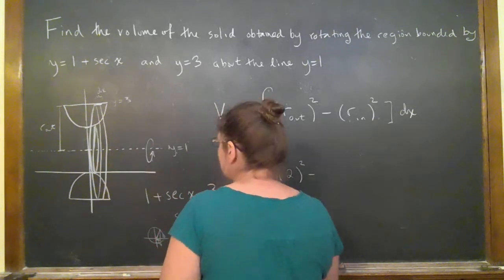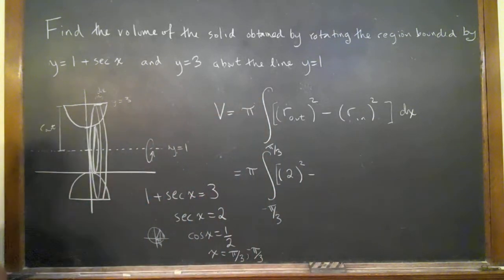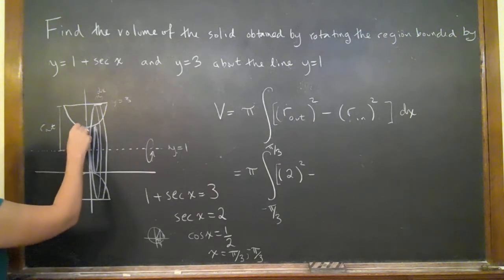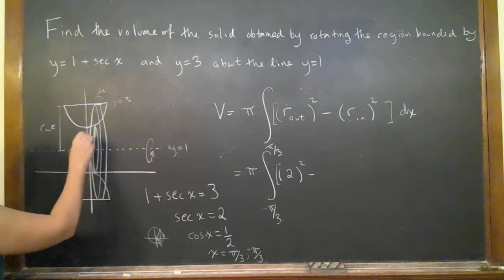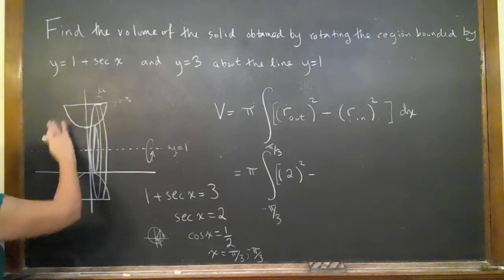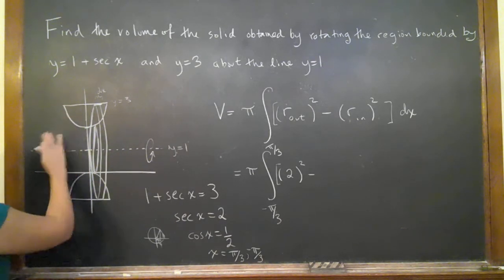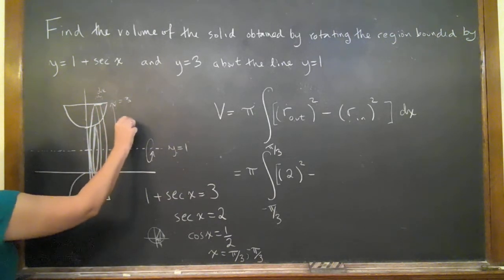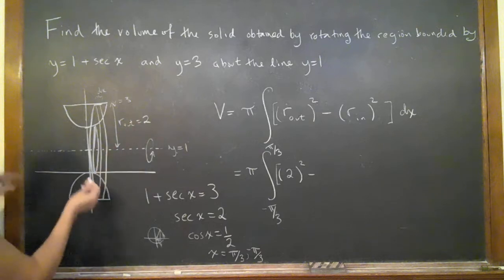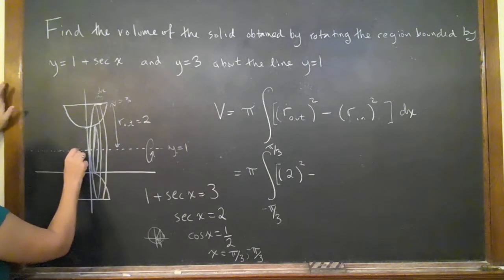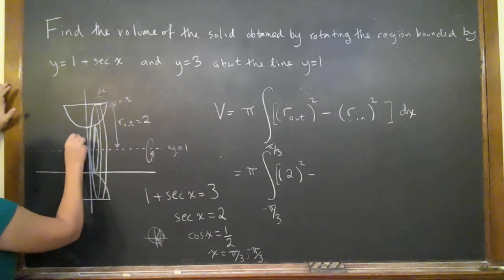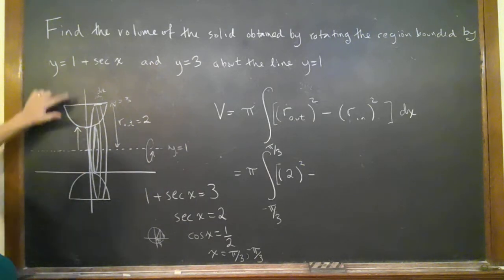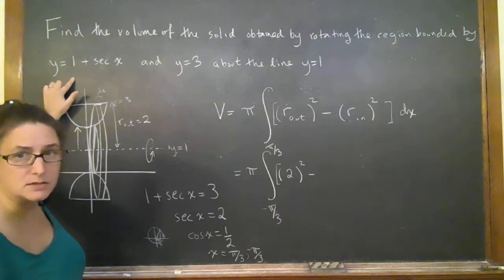Now the inner radius is this. Let me see. I'm going to maybe put this over here. So the inner radius, you're going from your axis of rotation up to this curve, the curve 1 plus secant x.